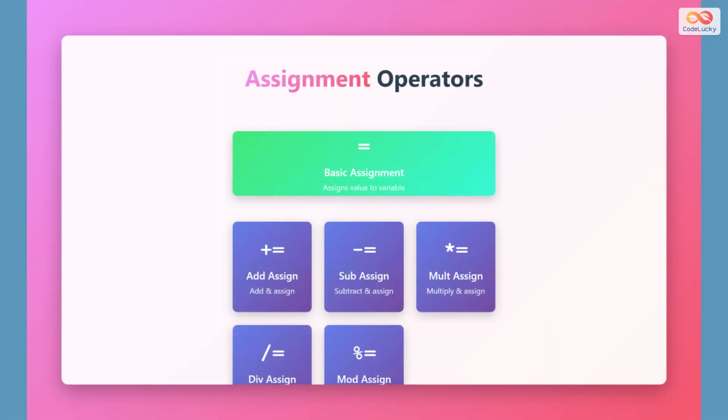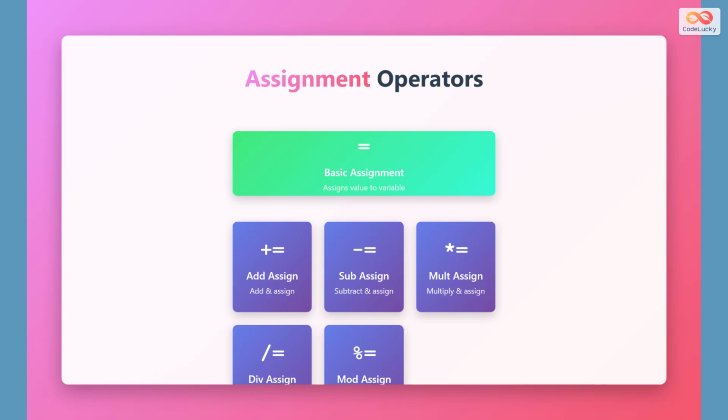Let's understand assignment operators. These operators are used to assign values to variables. The basic assignment operator, represented by a single equals symbol, simply assigns the value on the right to the variable on the left. In addition to basic assignment, there are shorthand assignment operators that combine an arithmetic operation with assignment.